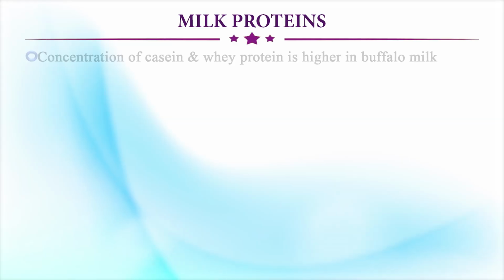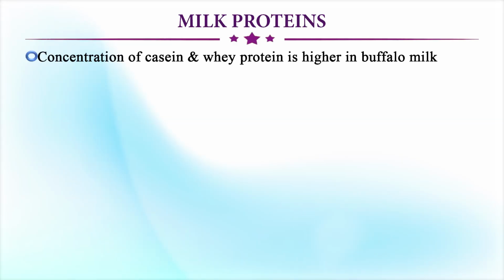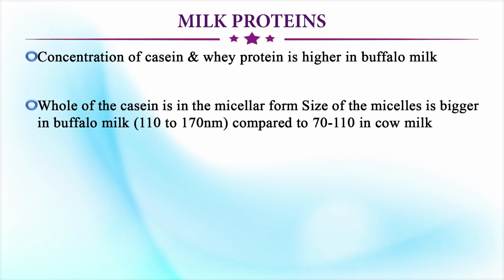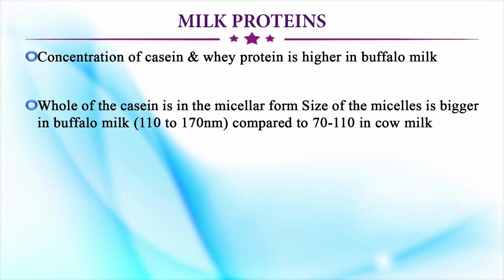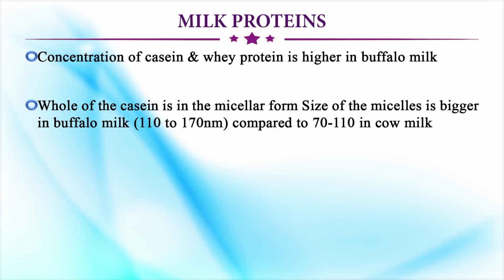Now, we come to the protein level. Concentration of casein and whey protein is higher in buffalo milk. Then the whole of the casein is in the micellar form. The size of the micelles is also bigger in buffalo milk as compared to the cow milk, it is around 110, while in the cow it is 70 to 110.